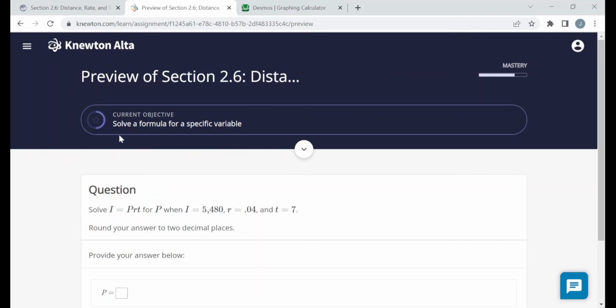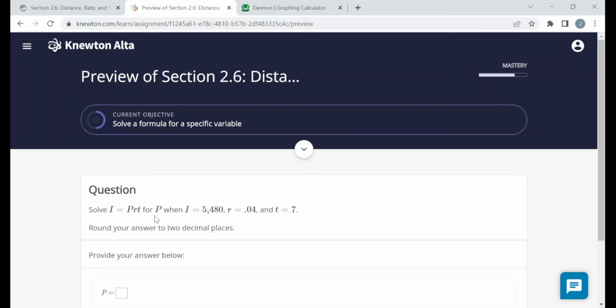There, solve a formula for a specific variable. Alright, so solve I equals P times R times T. This is what they call the simple interest formula. Principal times rate times time, or present value times rate times time equals interest. You don't really have to know all that, this just does come up in finance.